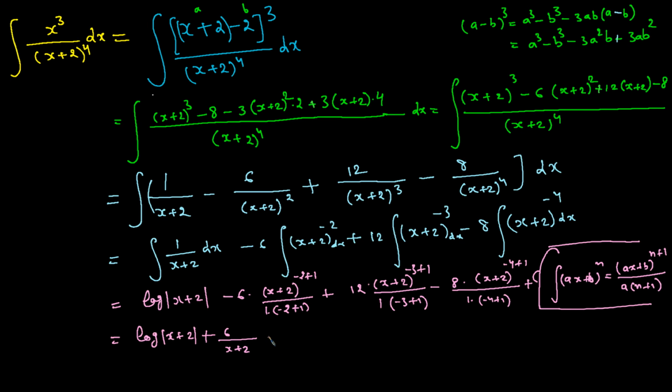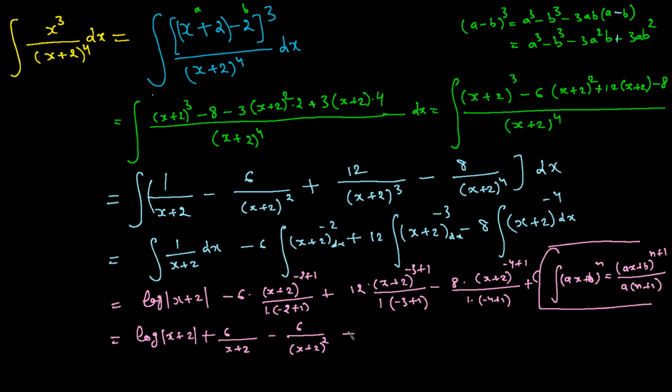Okay, then we got negative 3 plus 1 gives me negative 2, and divided by 12 gives me negative 6 over x plus 2 raised to power negative 3 plus 1, that is x plus 2 raised to power negative 2, and that can be written in the denominator with positive power.